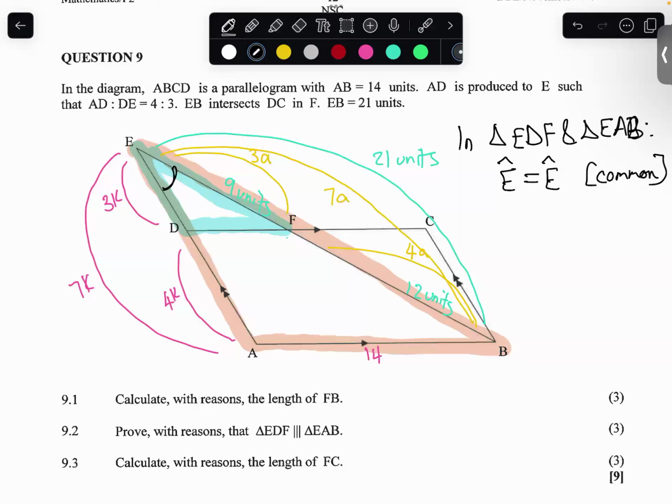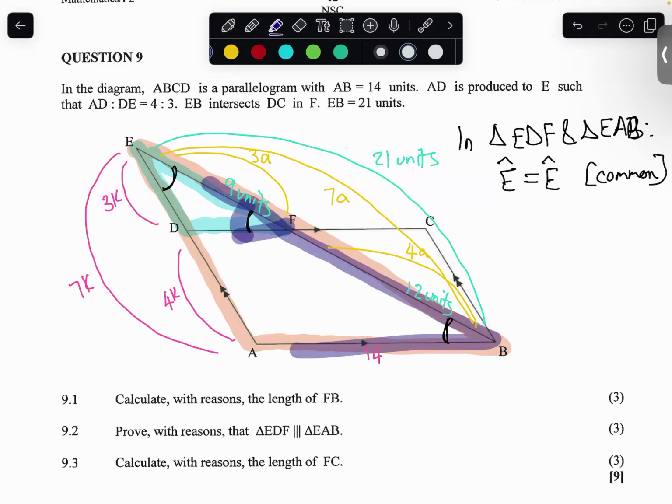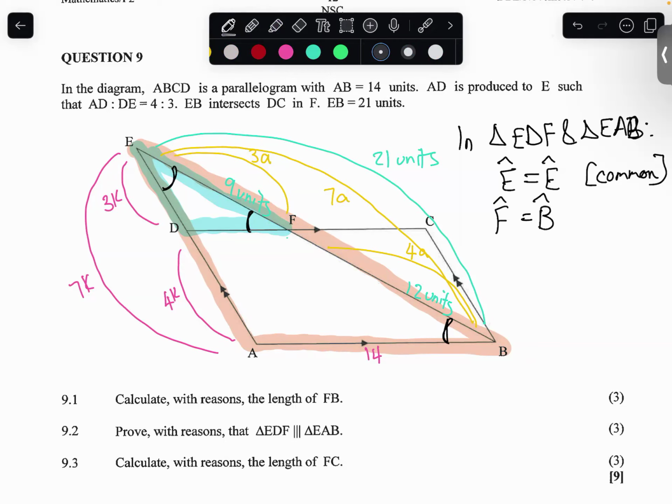And then I'm going to make the statement that this angle in the blue is equal to this angle in the orange because of corresponding angles. Those are corresponding angles. They are equal. So I'm saying angle F is equal to angle B. Corresponding angles, and the parallel lines are FD parallel to AB.